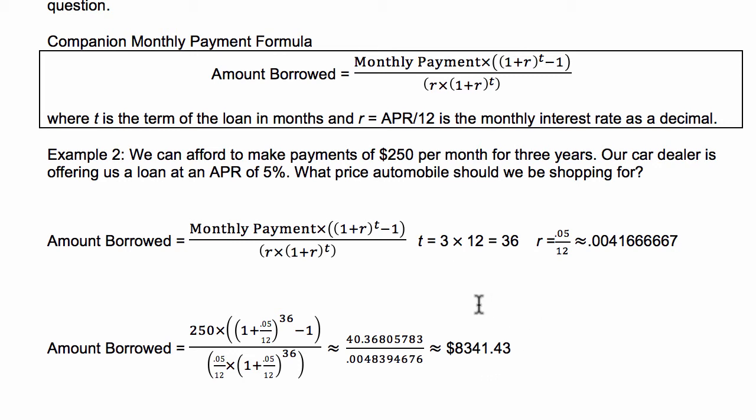Note, since this is the end of the problem, it is appropriate to round to the nearest penny. This answer means that in order to stay within budget, I should pay no more than $8,341.43 for my automobile.